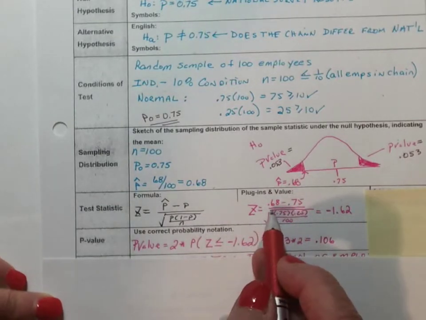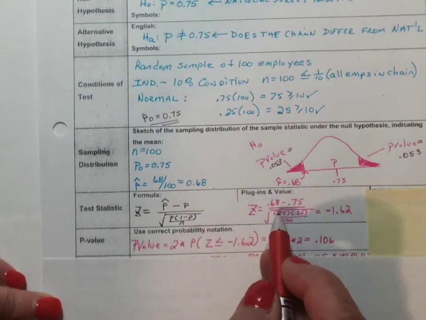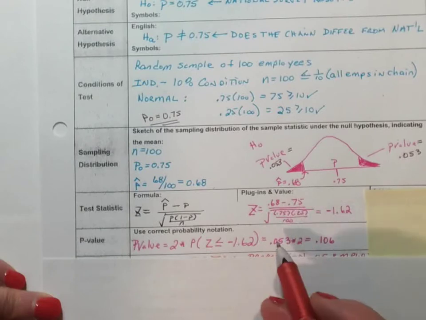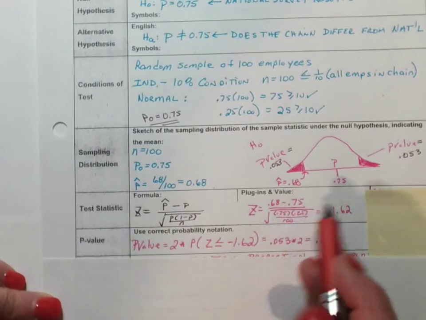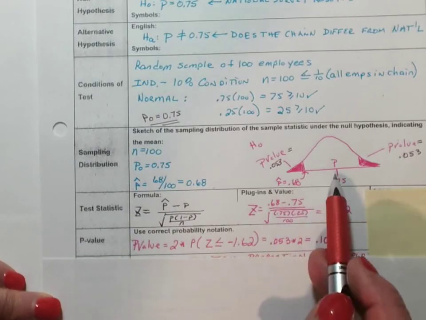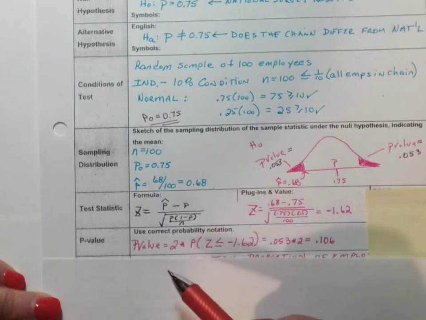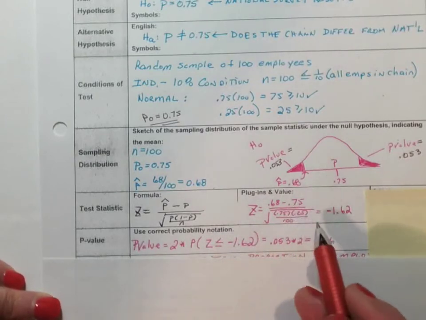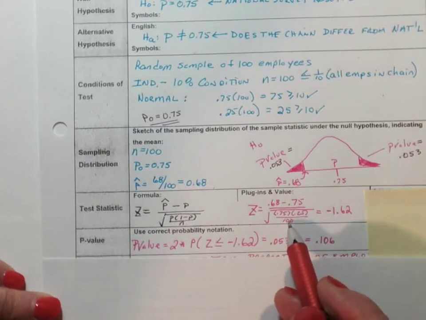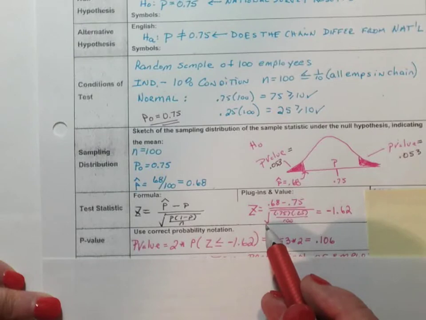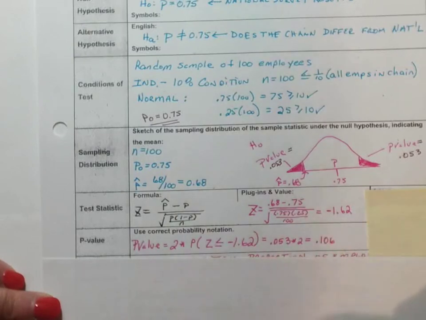Okay, so p hat is 0.68. p naught is 0.75. We're trying to get a standardized score to see how far this p hat is from the average, the mean. All right, so this is the standard error for the null hypothesis. We calculate it, and we get negative 1.62.